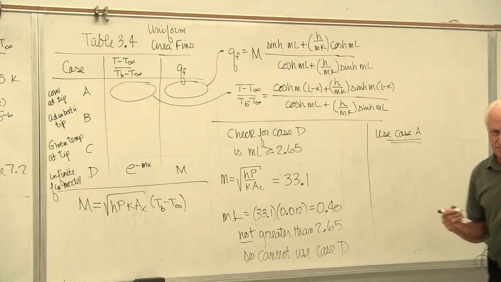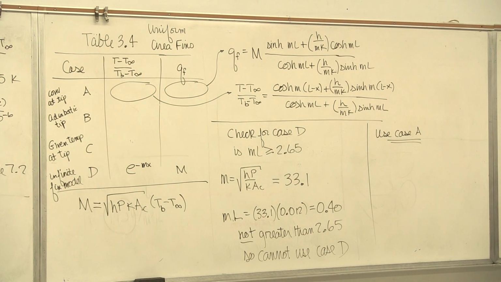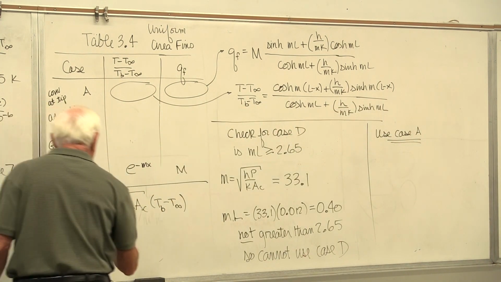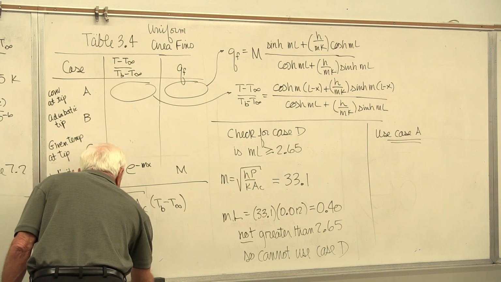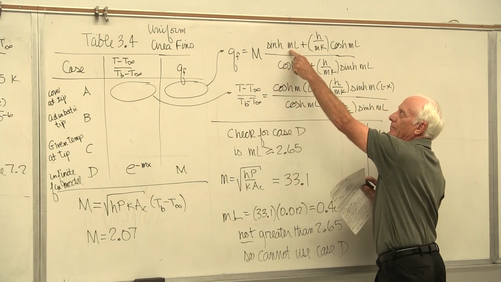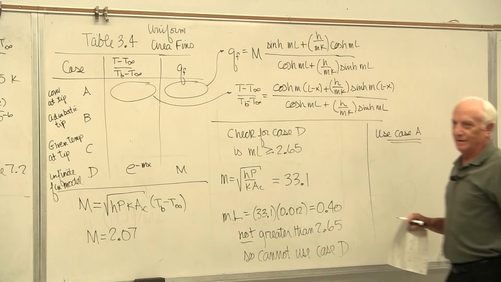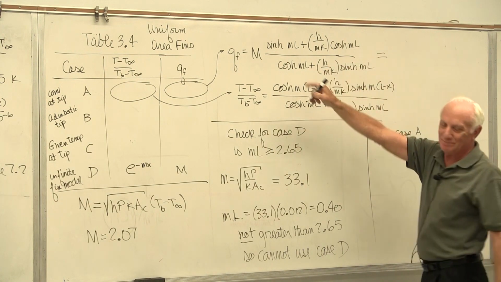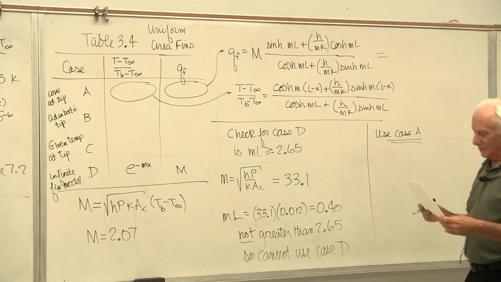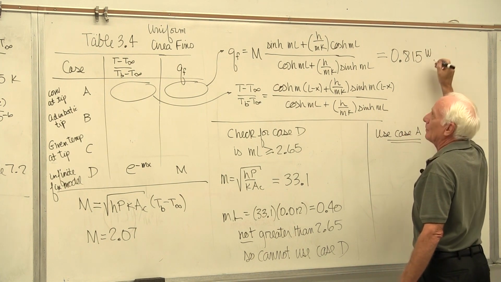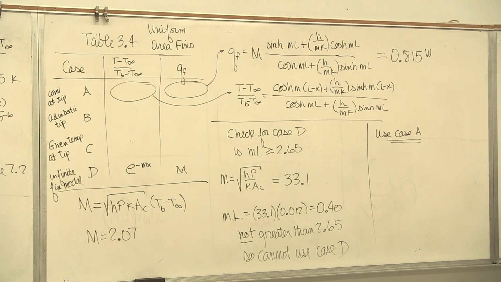I just told you what the perimeter was and what A sub C was. Put the numbers back in the equation and capital M comes out to be 2.07. Now I've got capital M and little m. Now I do the long calculation, put everything in there, and I get 0.815 watts. So that fin's losing 0.8 of a watt.